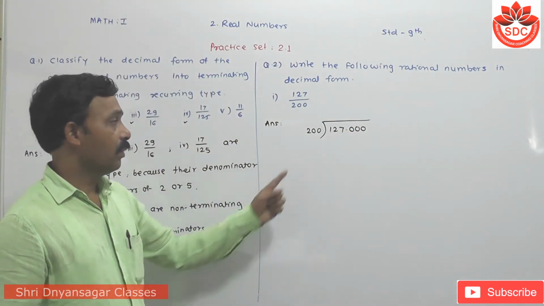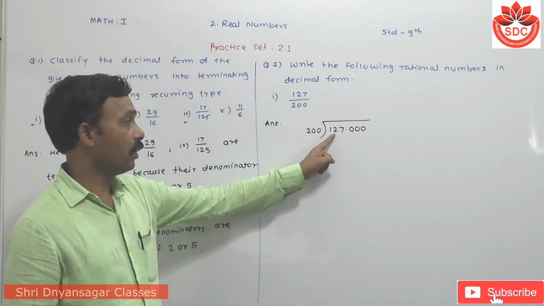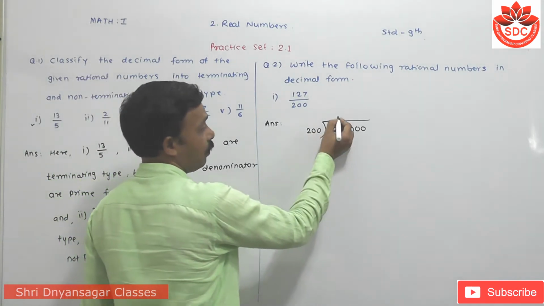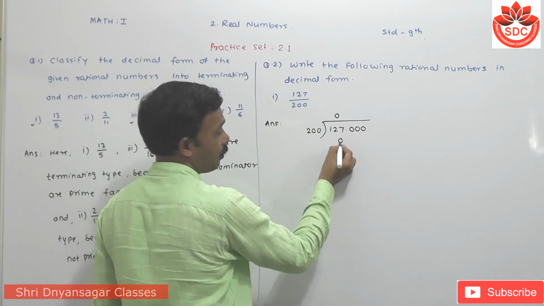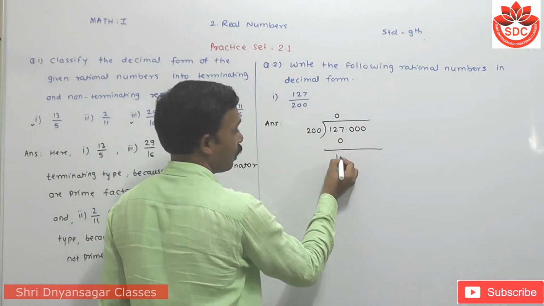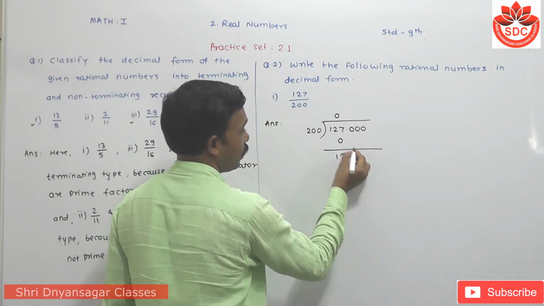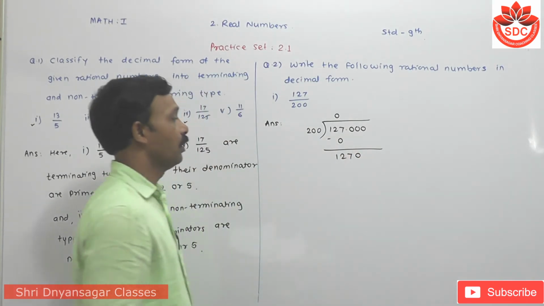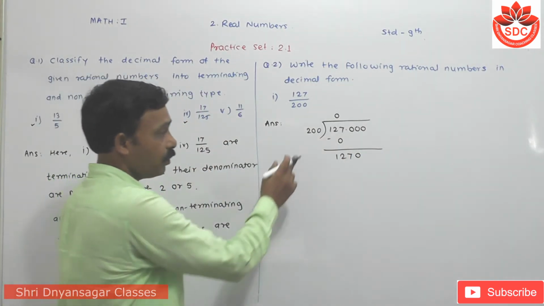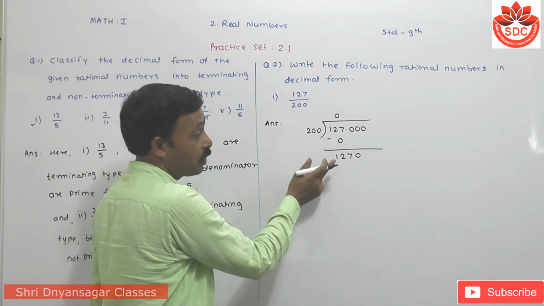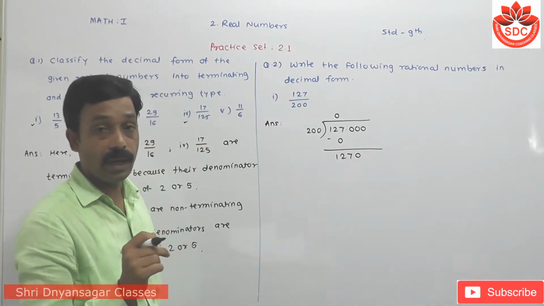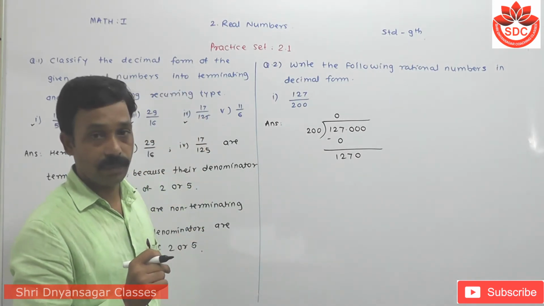Then we take the first 0, and the value becomes 1270. We take the next 0 here. Now 200 into 6 becomes 1200.